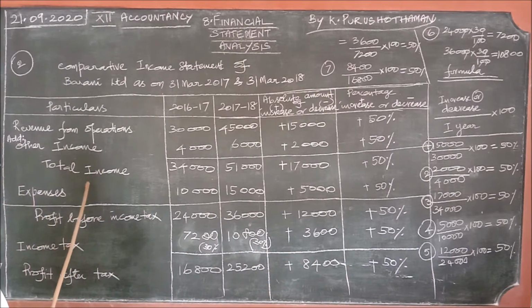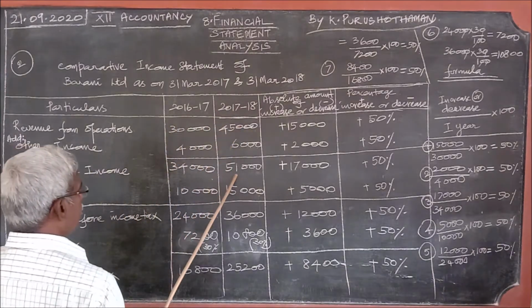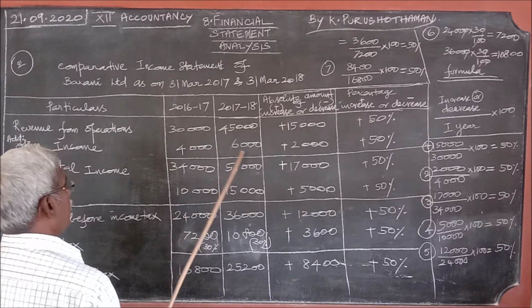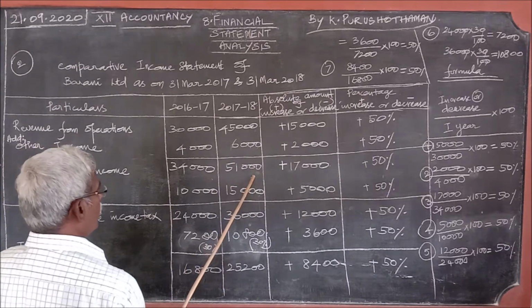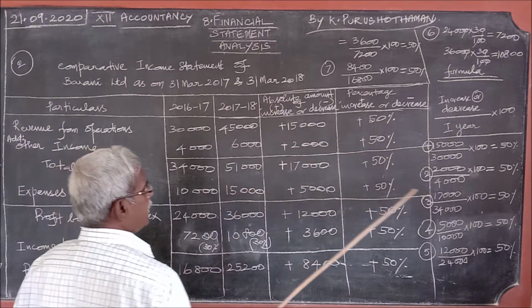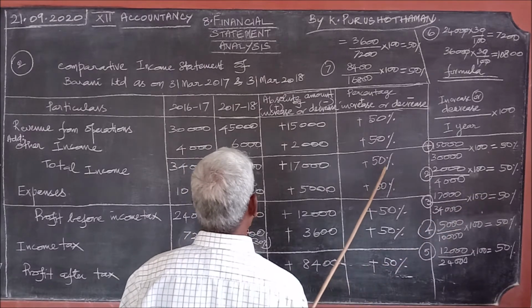Then we should find the total income. You add these two, 34 and 51. The difference is 17,000, this is the increase. So 17,000 by 34,000 into 100, that is 50%.